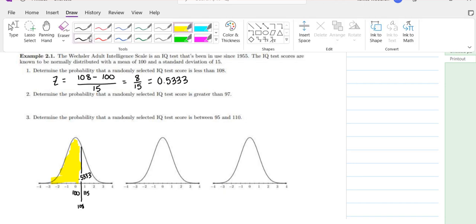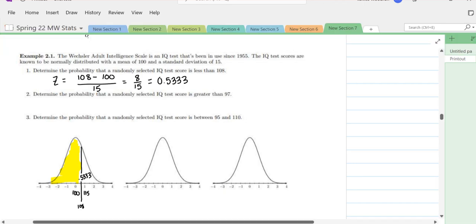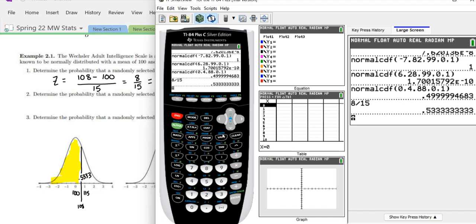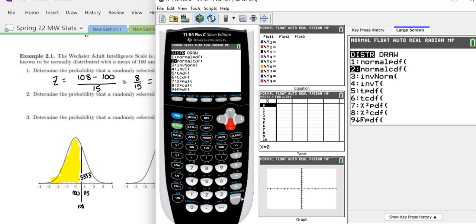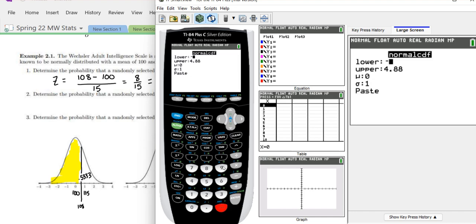On my calculator, I can put in the command normal CDF: second distribution, normal CDF, negative 99 for my lower limit, and my upper limit, 0.5333.